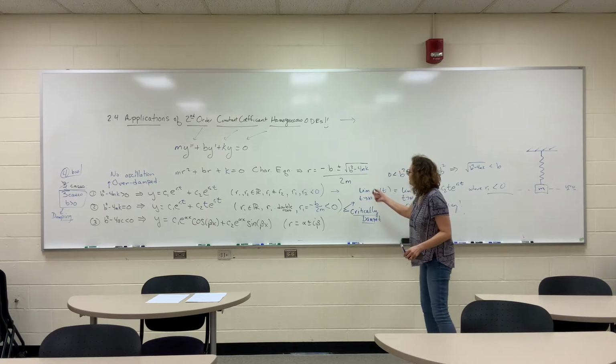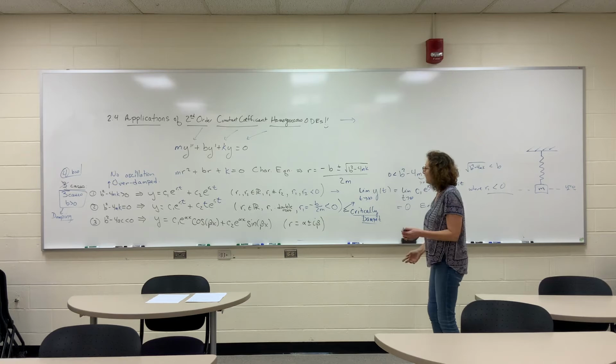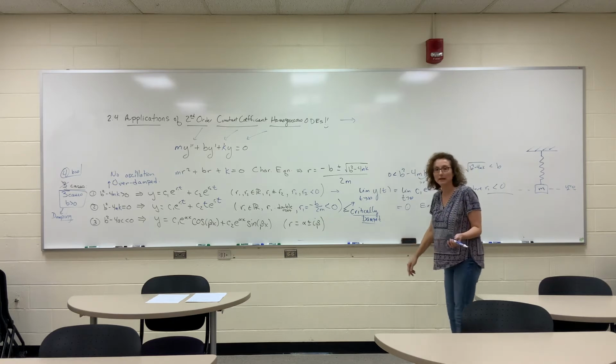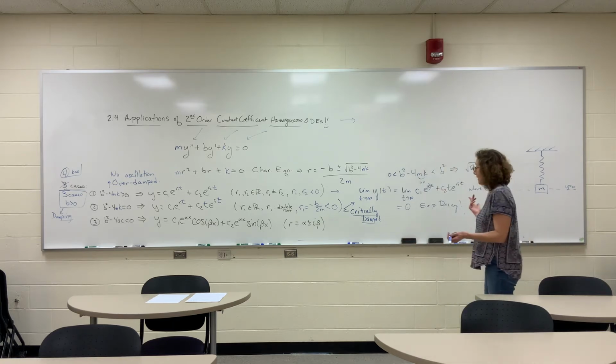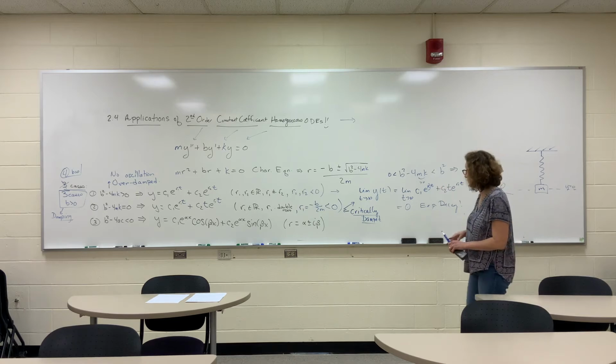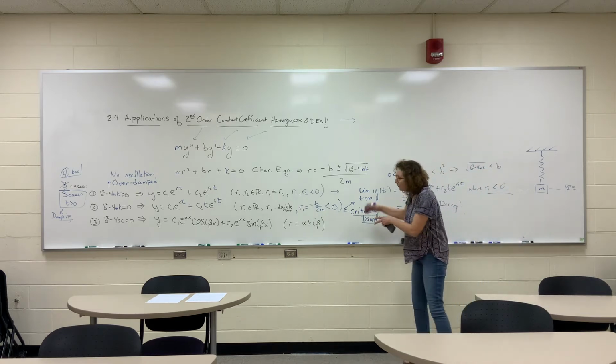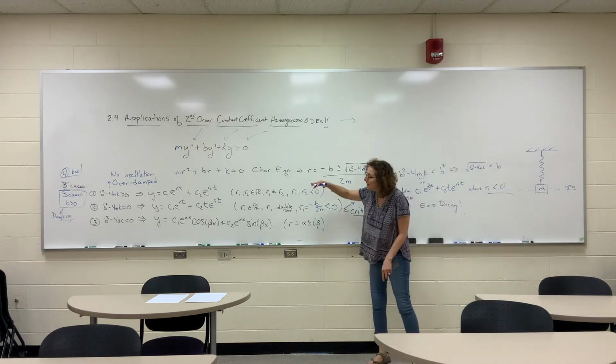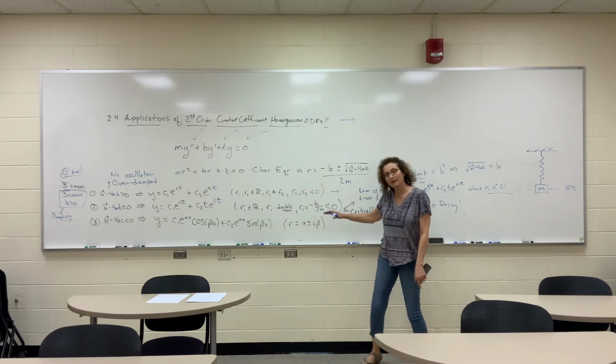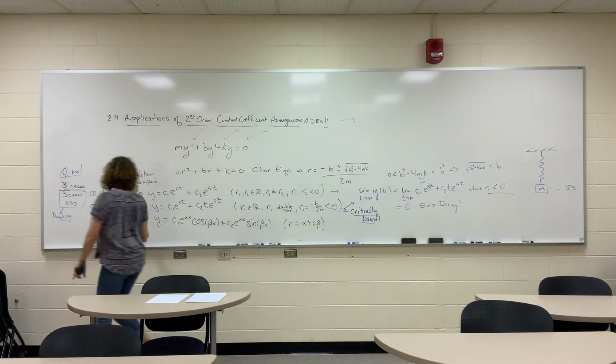Okay? For an actual spring to legit satisfy b squared minus 4mk equals 0 identically, that would be pretty unusual, okay? So it's kind of the critical transition point between overdamped and what this guy is called.